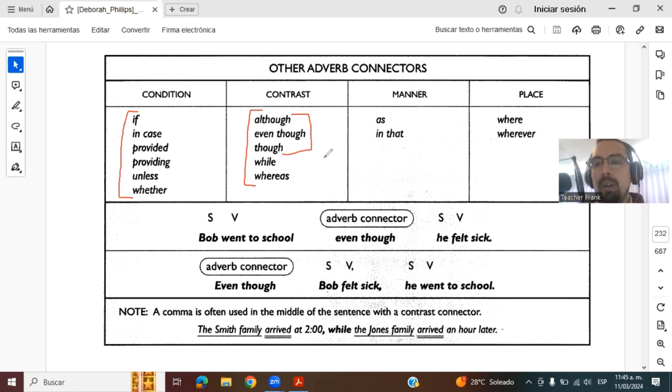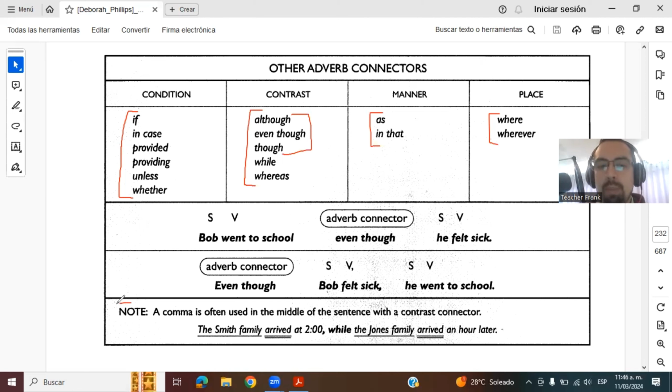This is aunque in Spanish. While and whereas is like mientras. For manner, we have as or in that. And then for place, we have where or wherever, right? Like donde sea o donde. So we could say Bob went to school even though he felt sick, or even though Bob felt sick, comma, he went to school, right?